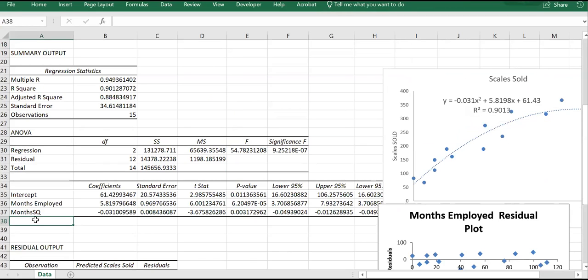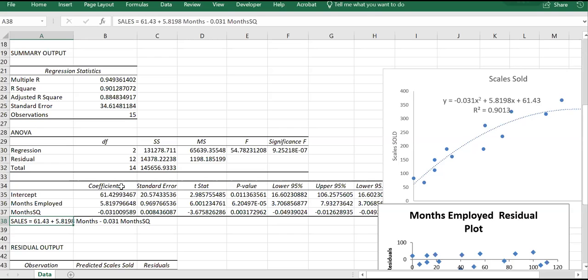So it's gonna be sales equals 61.4243 plus 5.8198 month plus the coefficient for month squared, minus 0.031 times month squared.